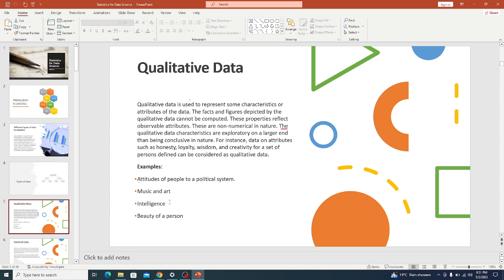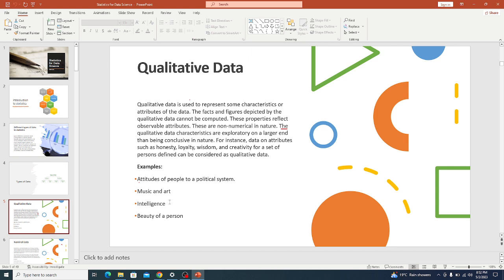Why? Because under qualitative data, we don't measure data using numbers or figures, but we use attributes to explain a certain data. Attributes are basically characteristics.